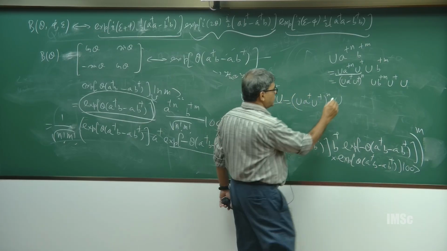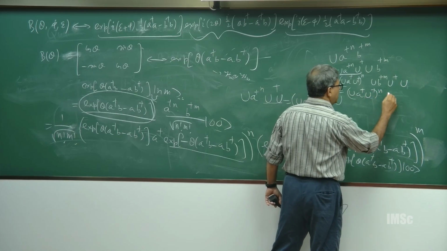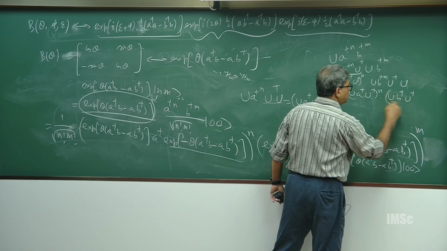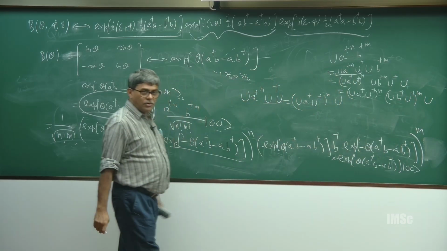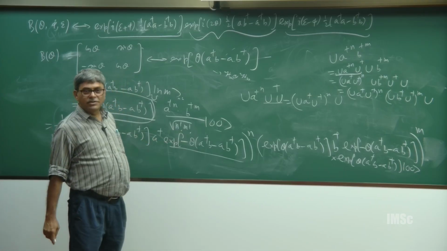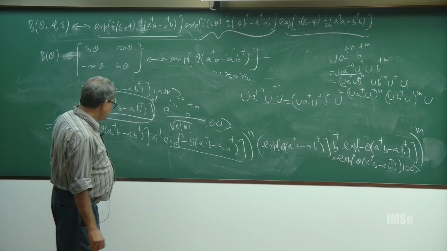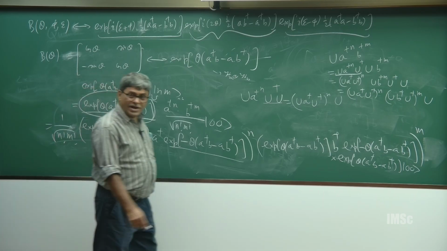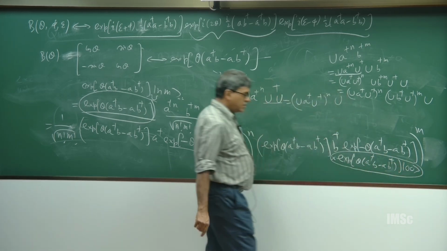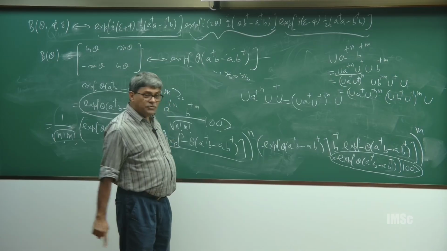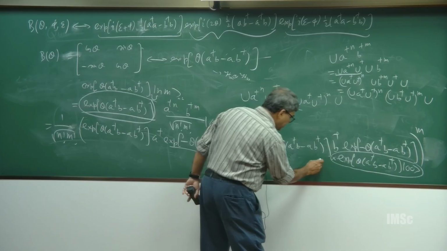So this is U A dagger to the power n, U B dagger U dagger to the power m, then U. That's what I have done. Now if I look at this part, there is only one term which will survive if I expand it, which is basically 0 0.